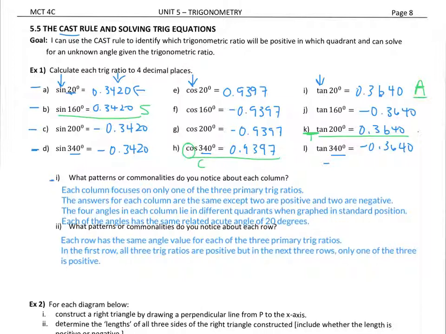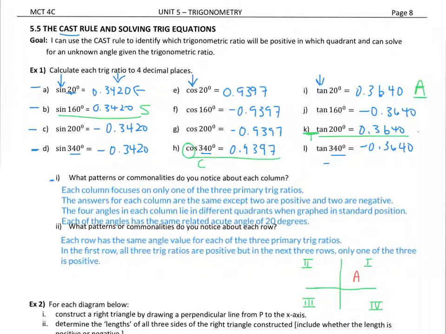So if I draw my Cartesian plane, representing angles in standard position, this is quadrant 1, this is quadrant 2, this one's quadrant 3, these are Roman numerals, this is quadrant 4, hopefully you're familiar with that. In quadrant 1, if I have an acute angle between 0 and 90 degrees, all three trig ratios are positive.